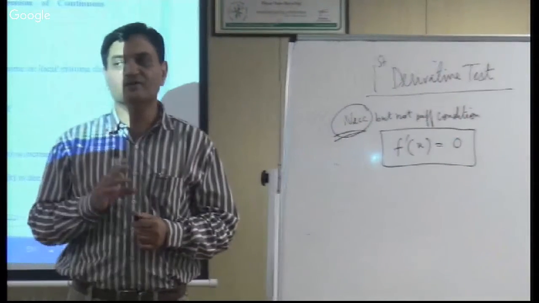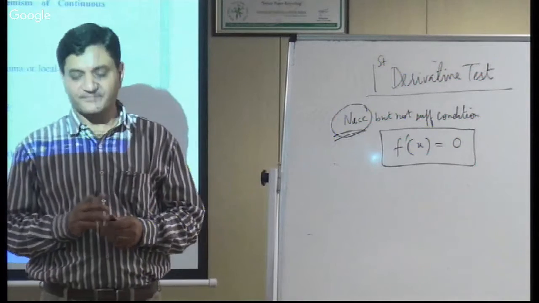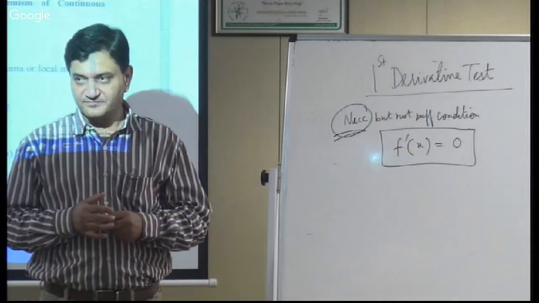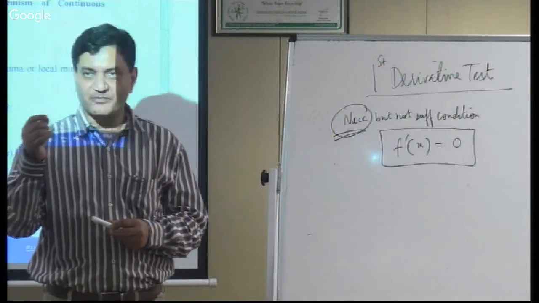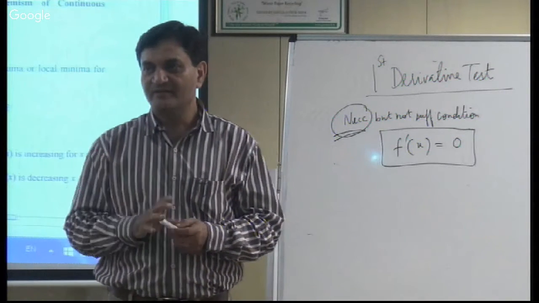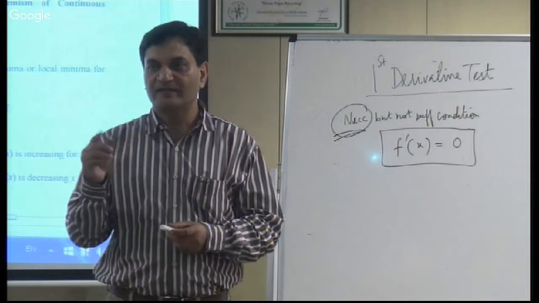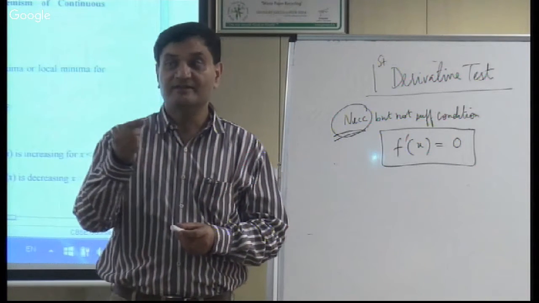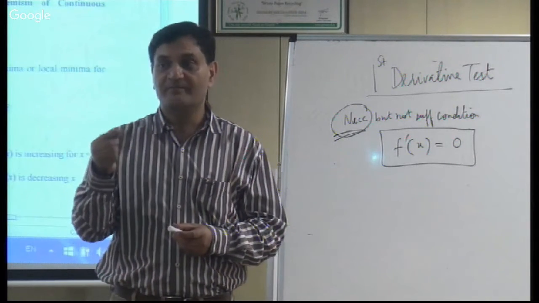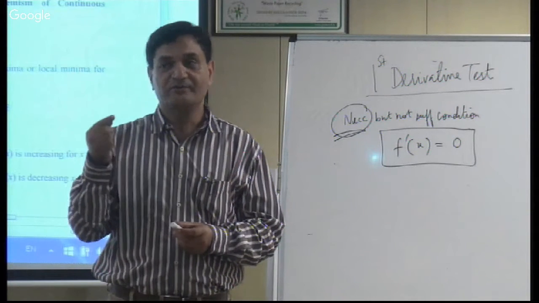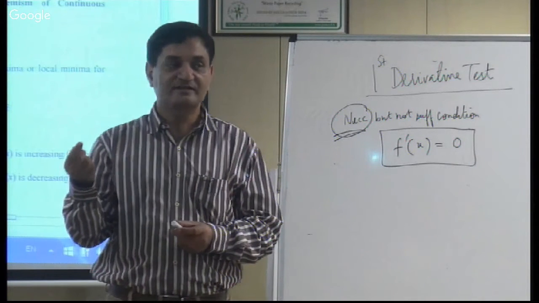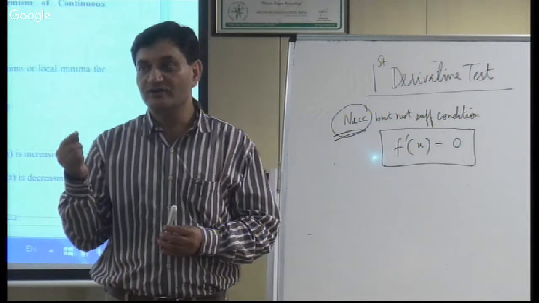Sufficiency means if there is a function for which there is a point x equal to a, let us say, where the derivative is given to us as 0, then you cannot claim with surety that that will be a point of local maxima or minima. This is the meaning of this condition being necessary, but not sufficient.